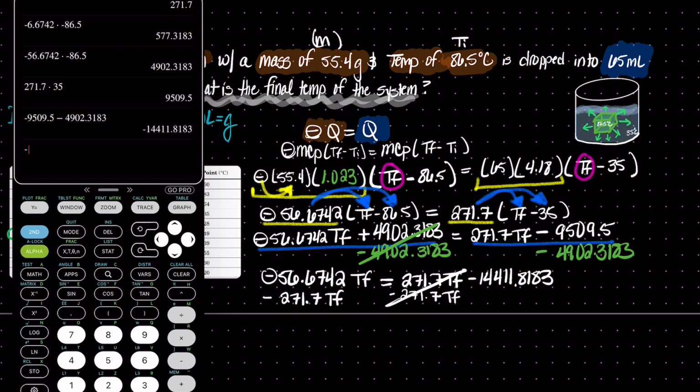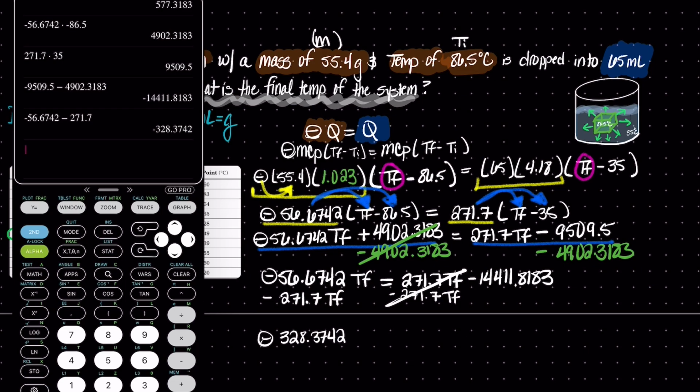I'm sitting here with a negative 56.6742 minus 271.7 equals, I'm still sitting at the negative 328.3742. TF equals negative 14,411.8183.